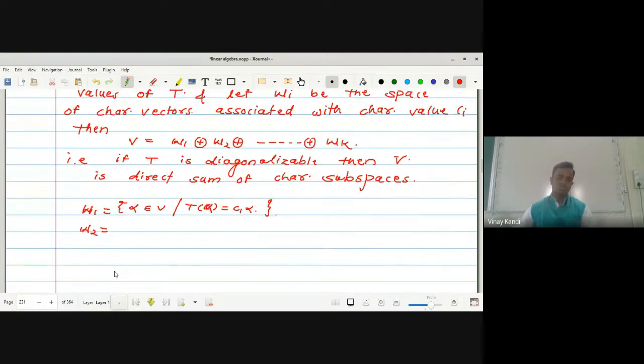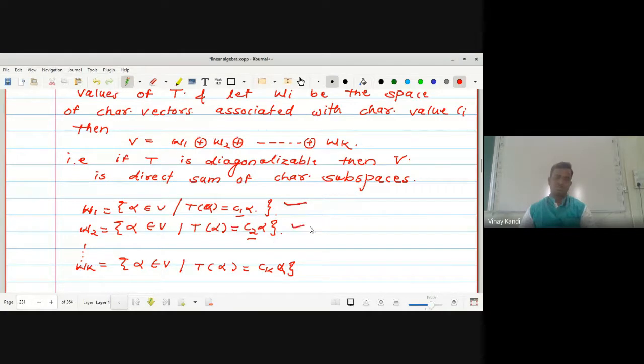The collection of those vectors belonging to V such that T of alpha satisfies the condition, that is, characteristic vectors corresponding to C2, and up to Wk. What is Wk? Alpha belongs to V such that T of alpha is equal to Ck into alpha. A vector cannot be in W1 and also in W2.